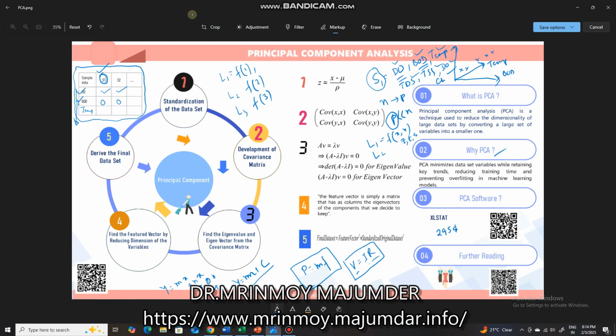I am just giving an example that there is a sample whose DO and BOD you know. How to reduce the dimension of this sample? There are only two dimensions, so if you want to reduce it, the two can be reduced to one.